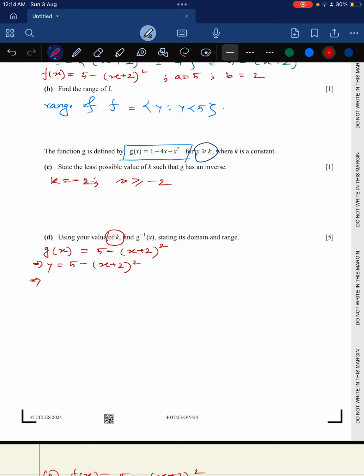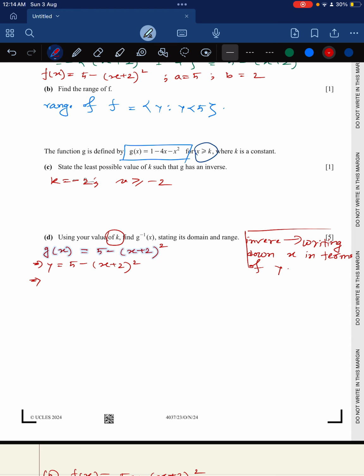As we know, inverse means we have to write x in terms of y, opposite to the function, because in a function we write y in terms of x.